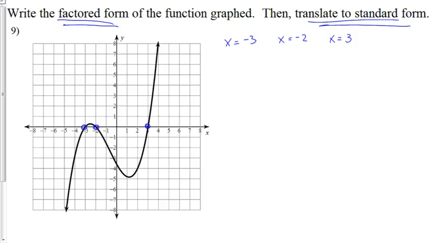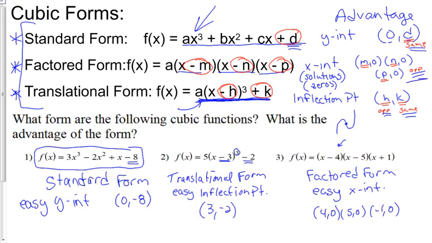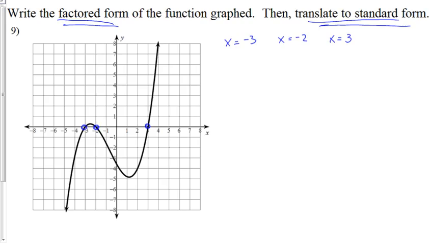Now remember from before, these were all opposites. So if we have x-intercepts of those, that means the bundles that go through this are x+3, x+2, and x-3. So the -3 turns into x+3, -2 turns into x+2, and the 3 turns into x-3. All right, so here is your factored form.